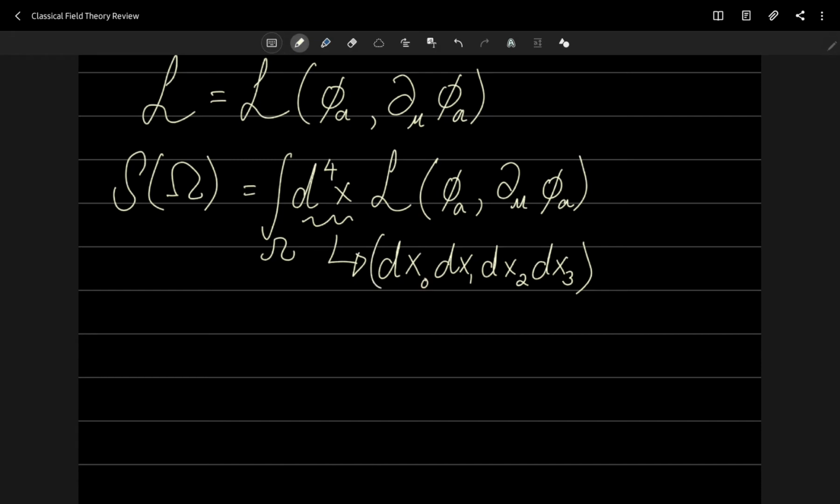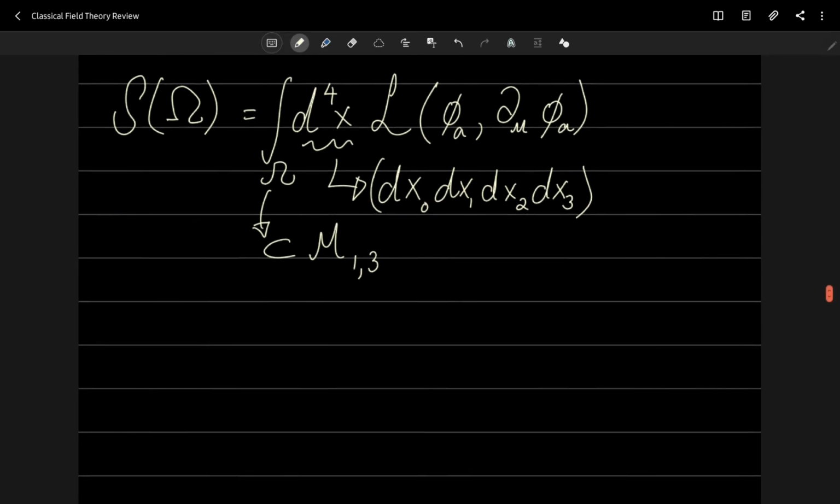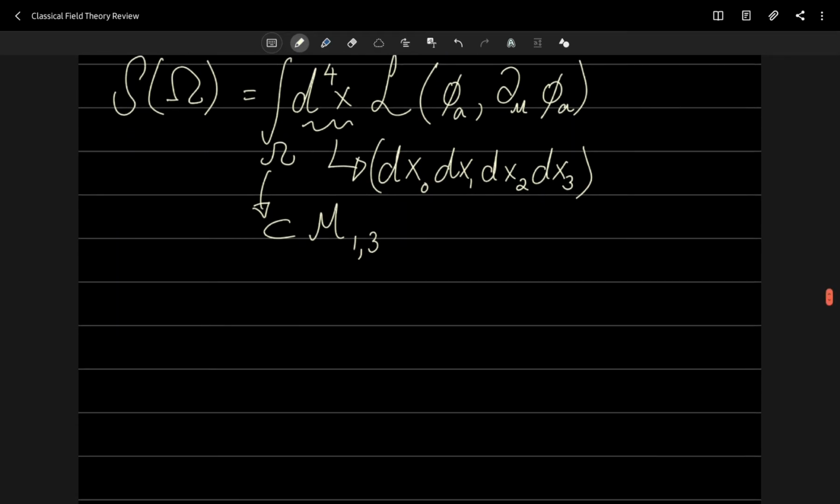Okay, and this omega over here is a subset of M13, as a measurable set, and it is a region in 3+1 dimensional space-time.